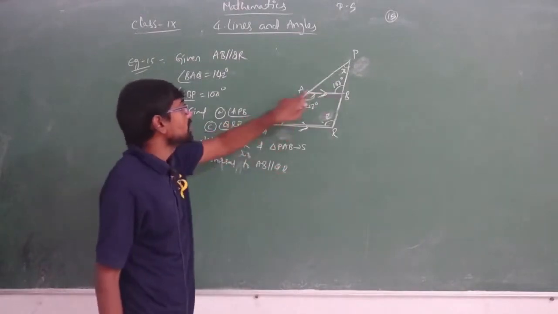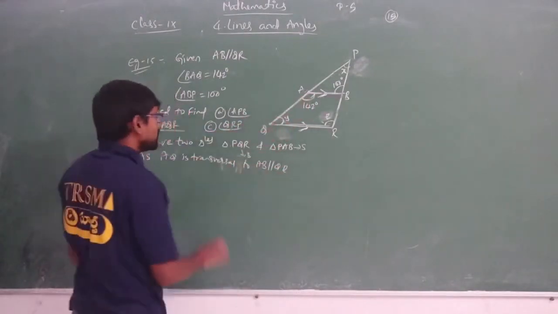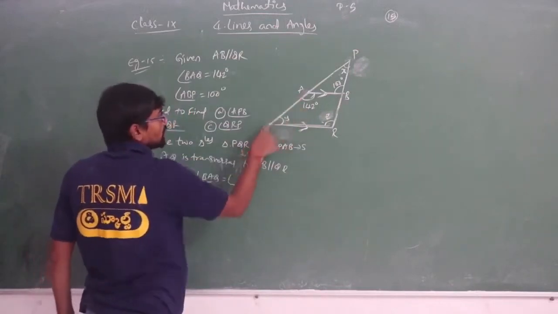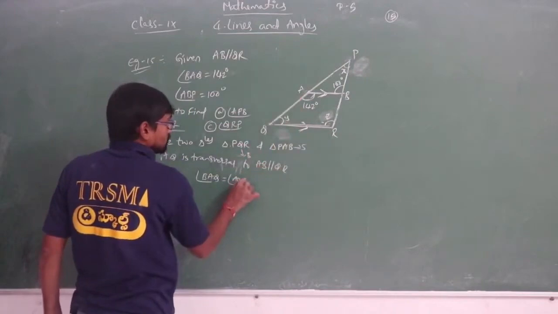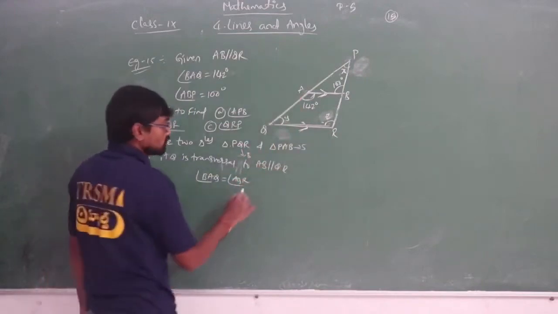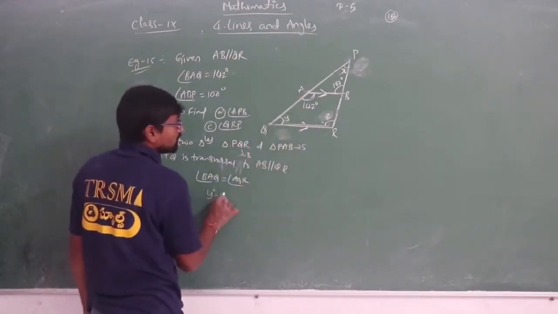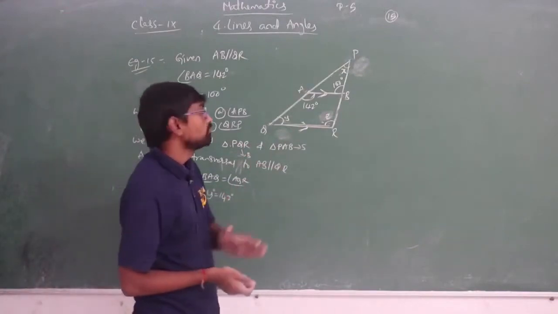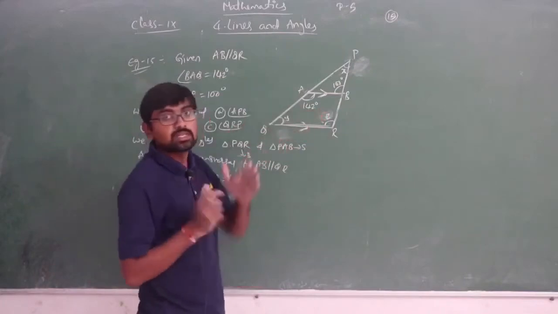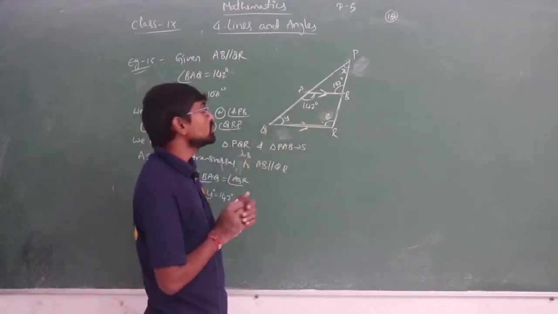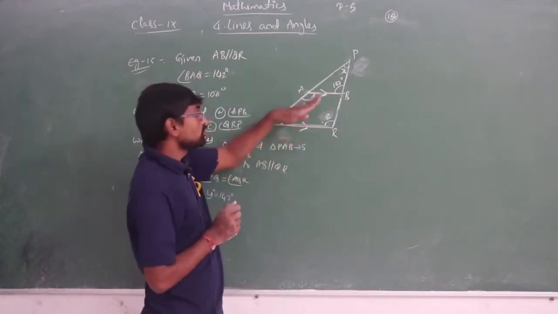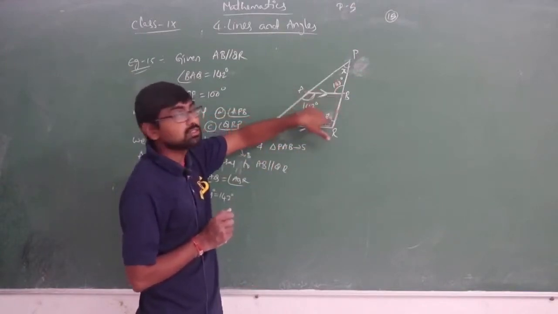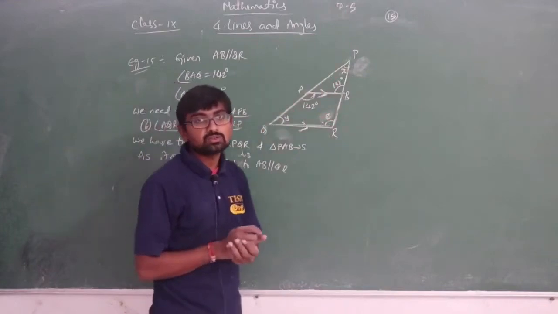Then we get angle BAQ equal to angle AQR, so directly Y is equal to 142 degrees. As the time is not sufficient now, you just try what I have said. If you take these two, they are corresponding; if you take these two, they are adjacent angles. Like that, you try to solve.